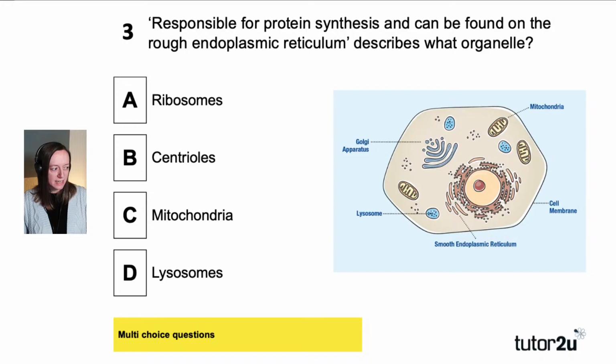So Annalise is saying A for ribosomes. We've got an answer of B, centrioles. Someone else is saying A, ribosomes. Yep, you are correct. So one of the reasons why it's called the rough endoplasmic reticulum is because those ribosomes are studded on it, making the surface rough.